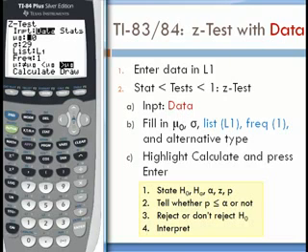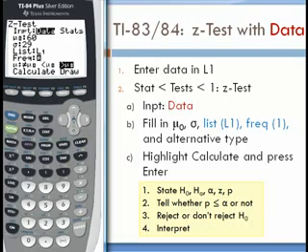Also remember that we were given the population standard deviation sigma of 29, so that's that value. If we hadn't entered it, we would just enter 29 and press Enter. Our list is L1. If we didn't have L1 written here, we could just do the second key and 1 to give us L1, and then we have a frequency of 1.